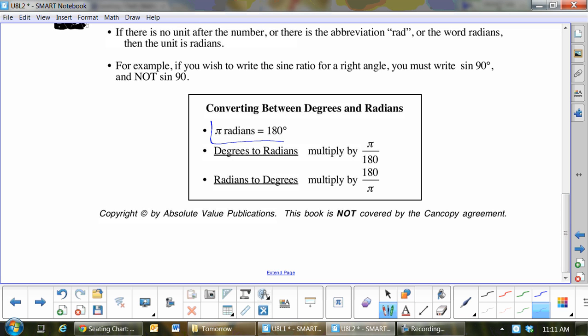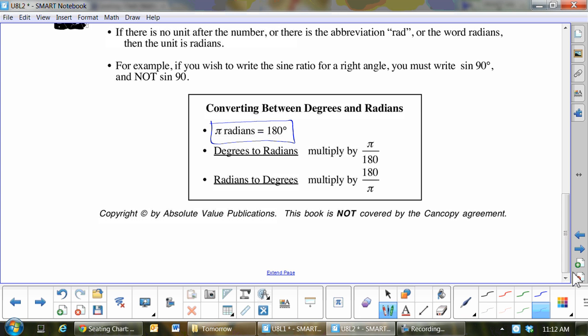Pi radians is 180 degrees. We just showed that. Well, if I want to take degrees and turn them into radians, I will multiply by pi over 180. If I have radians and I want to make them degrees, I'll multiply by 180 over pi.